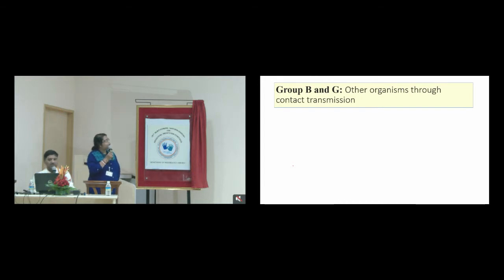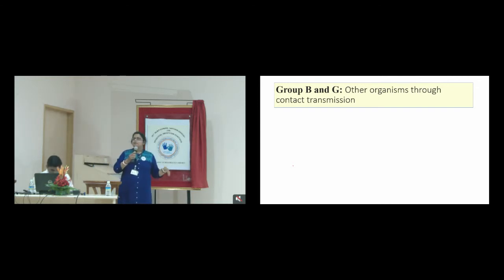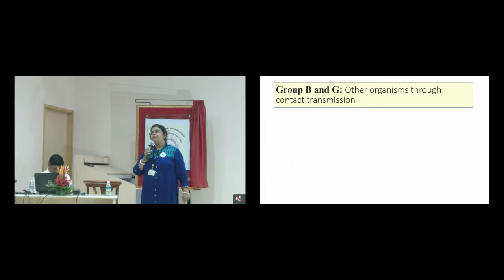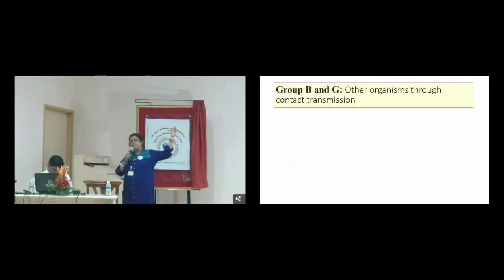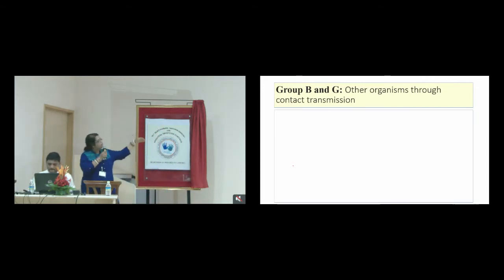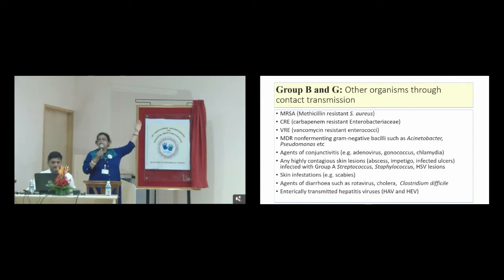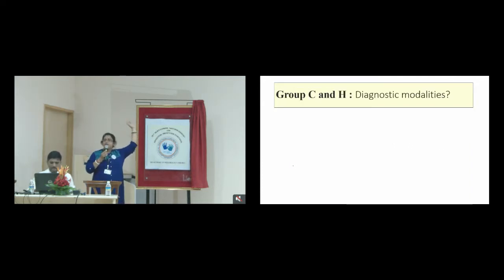So next, the other organisms spread through contact transmission. Group B. Which was the group which answered earlier? B. Now let us hear from G. Okay, very good. Anybody to add more? Okay, enterically transmitted viruses. Let's have the list. There goes MRSA, which we were discussing.